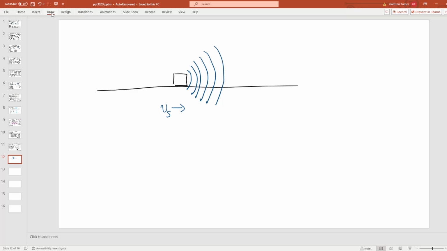But on the other side, they're moving away from their own waves, and so these waves get stretched out.